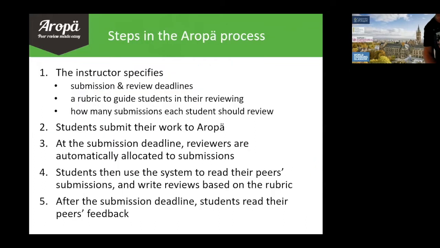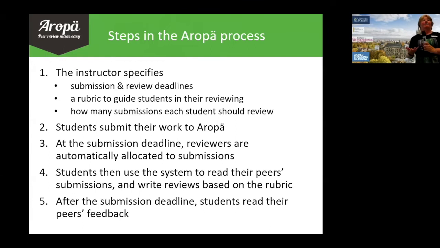Right, okay. So, the stages of your peer review is that the instructor specifies an assignment, and that's kind of typical. That's what we normally do. We specify an assignment with a submission deadline, but we also give a review deadline and a rubric. So the instructor needs to give a rubric to guide students in their reviewing, and also how many submissions each student should review.